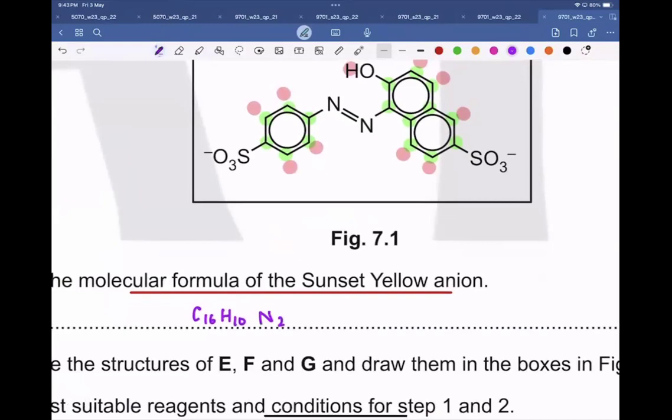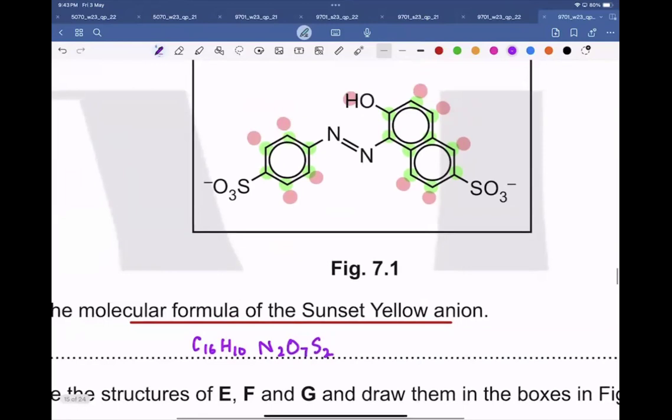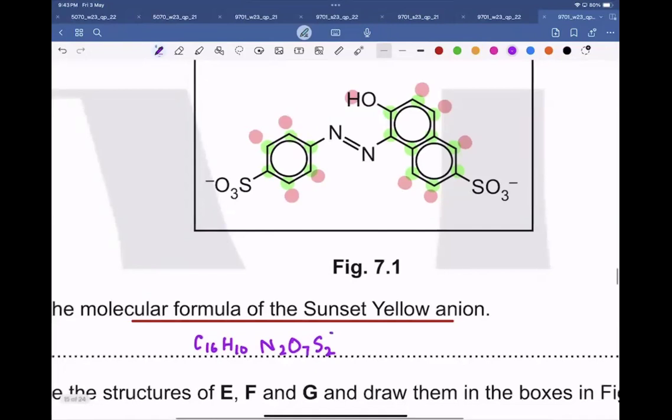If you look at the oxygen, we have 7 oxygens. And then we have 2 sulfur, so S2. And as it's a negative ion, and if you see, there are 2 -1 charges, so it is going to be -2.